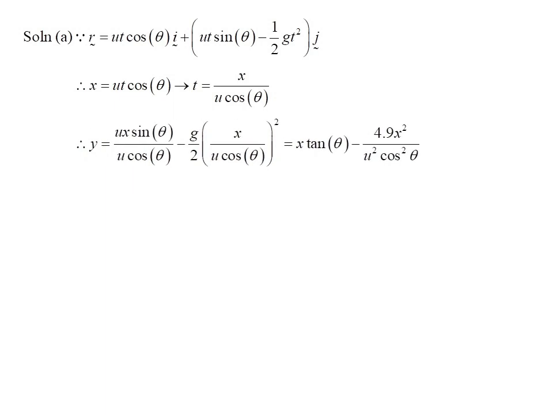Meanwhile, the j component variable y equals ut sine theta minus gt squared over 2, in which t can be substituted and then simplified to x tangent theta minus 4.9 x squared over the product of u squared and the square of cosine theta, as required in the question.